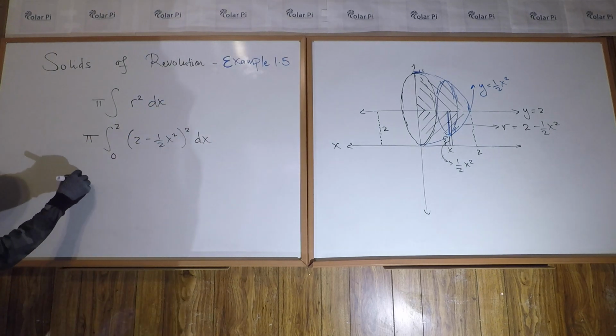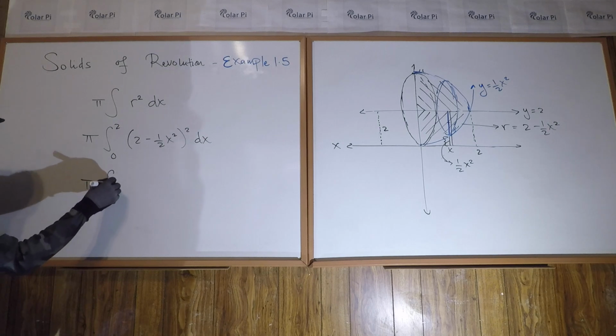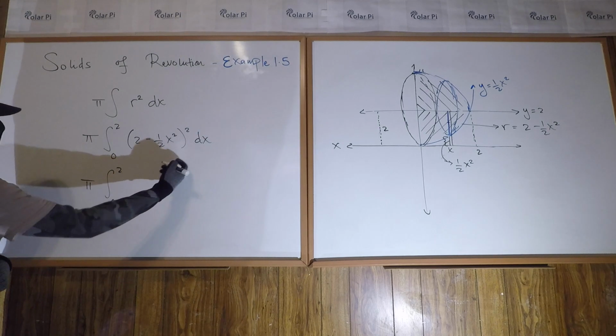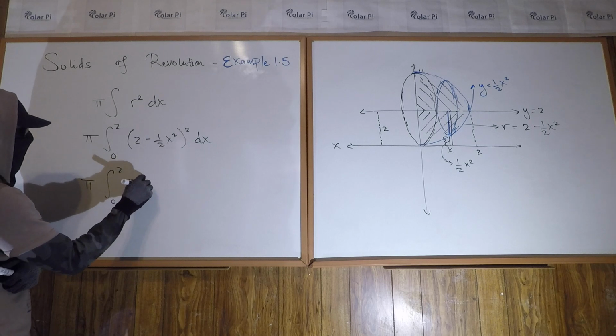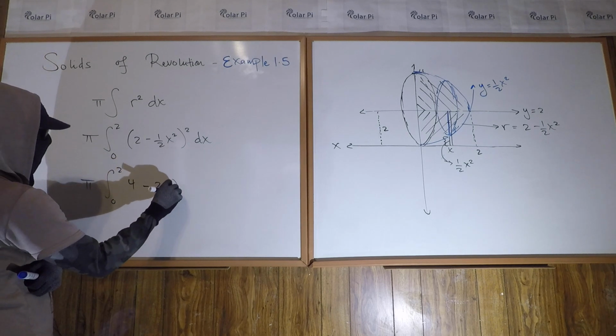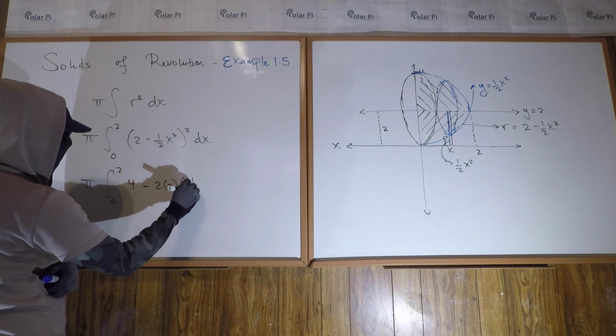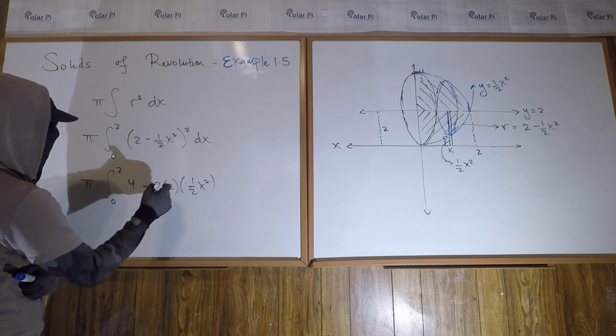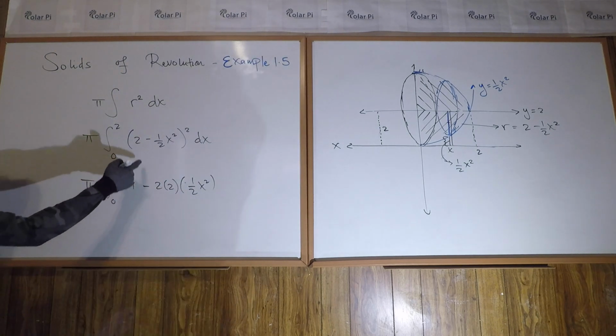I'm only going to get you started on this because the rest is pretty straightforward. Expand this. So that's going to be 4, and then minus 2 times positive half squared. I already accounted for the minus sign here with that.